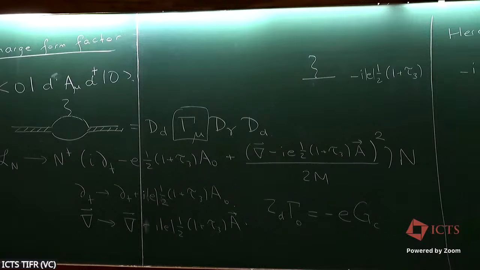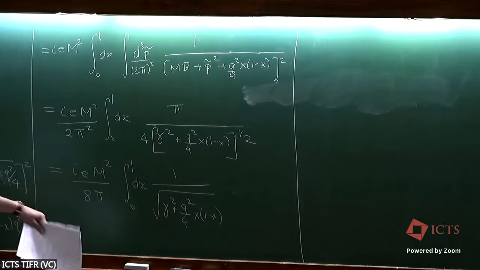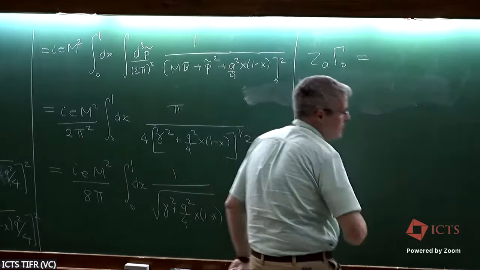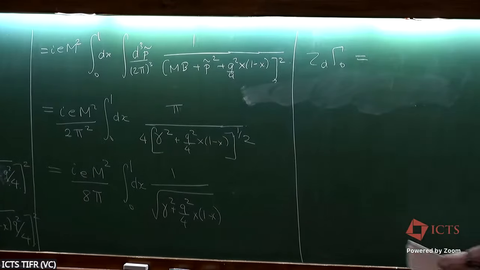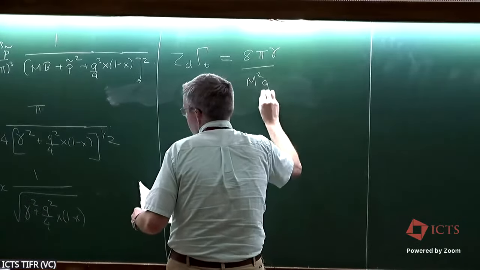So I have to do two things. I need to multiply this by ZD. So ZD times gamma 0. I carefully kept my result for ZD from over here. So I get 8 pi gamma over m squared g squared.